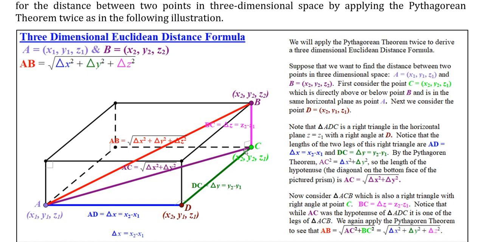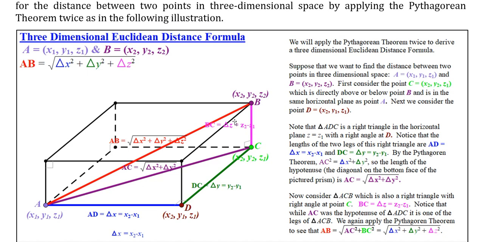But then we have a vertical right up the side edge here. We have another right angle there at C. And so now this purple is the hypotenuse of this triangle on the bottom, but it's one of the legs of the triangle coming up this way, cutting across the middle of this box. The hypotenuse is the length we're looking for.